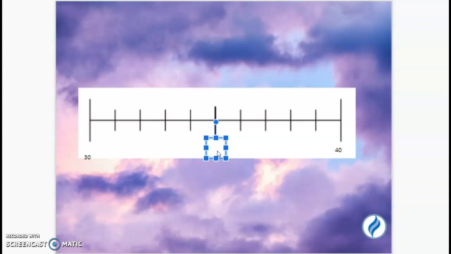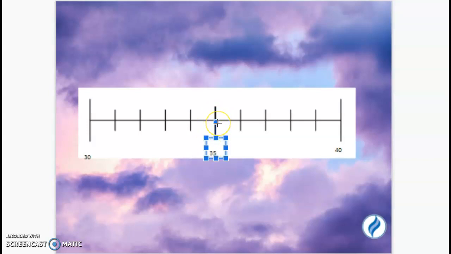I know that when I'm counting from 30 to 40 by my tens, there's 10 in between the two. But what number is right in the middle? And if you think about it, we've already learned how to count by these numbers as well. We've learned how to count by our fives. 5 is right in the middle of 0 and 10. So I know that 35 is going to be right in the middle of 30 and 40.